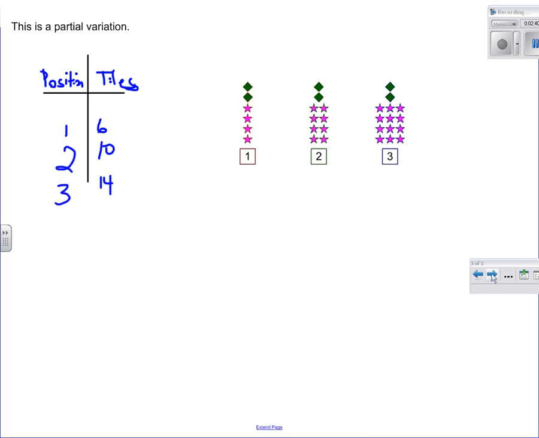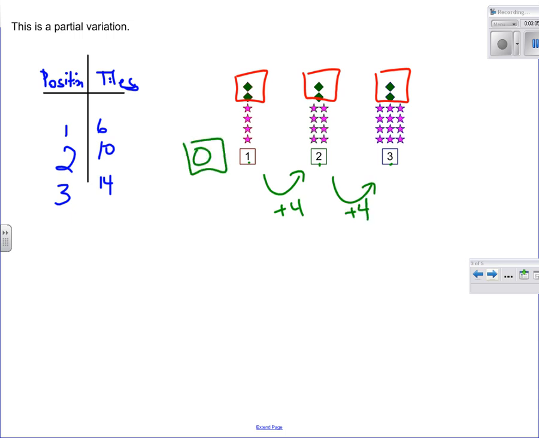Okay, so this is an example of a partial variation. How do I know that? Well, I have this pattern with position 1, position 2, and position 3, and what I'm noticing is that at each position these 2 tiles are repeated, and then what is happening is I seem to be growing by 4 purple stars each time. So I could pretend that the 0th pattern would have, I'd have to go the opposite direction, so I would take away 4 stars this time, and so I would have these 2 green diamonds left, and that would be it.